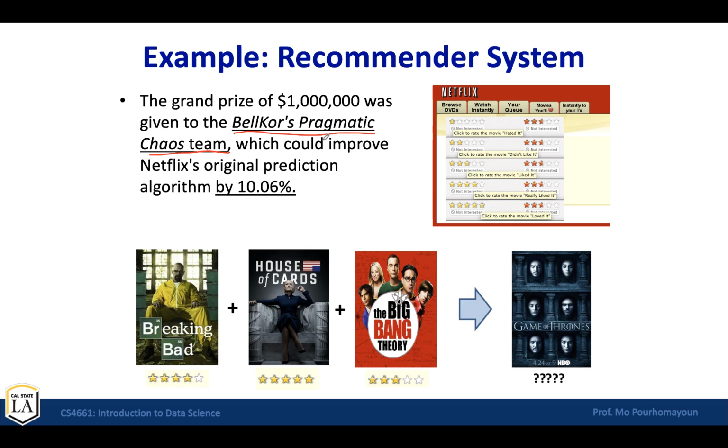The name looks a little weird because it was actually the combination of 3 different teams together that could get the best results. They could improve the accuracy of the Netflix prediction model by almost 10%. So this was an example of recommender systems.